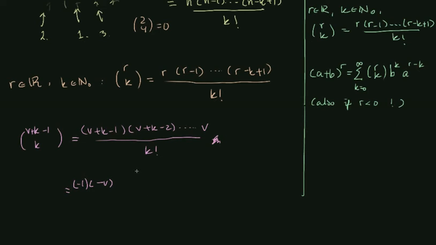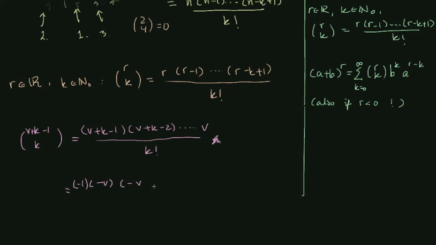Okay, and then let's try to count upwards from minus v and k terms up. Then we have minus v, and then... No, wait, we don't count upwards.